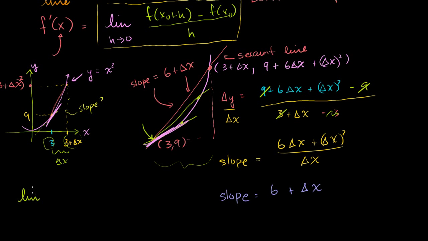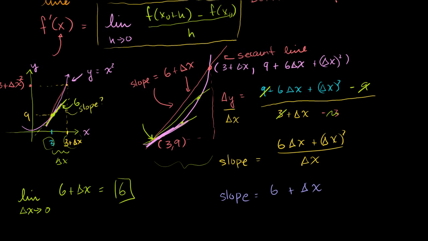So the limit as delta x approaches 0 of our slope of the secant line, 6 plus delta x, is equal to what? This is pretty straightforward. You could just set this equal to 0 and it is equal to 6. So the slope of our tangent line at the point x equal to 3, right there, is equal to 6.